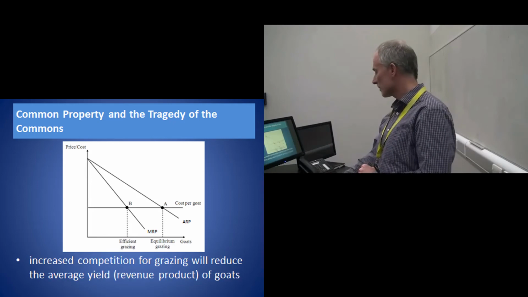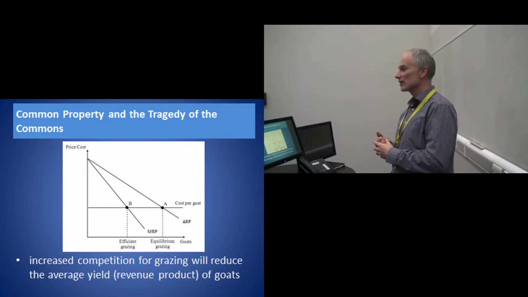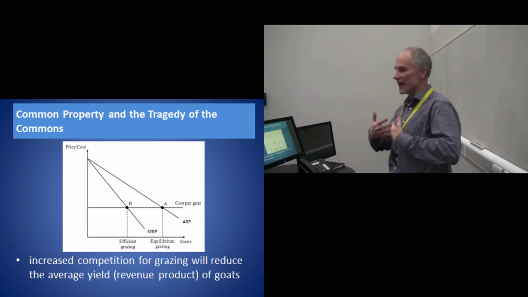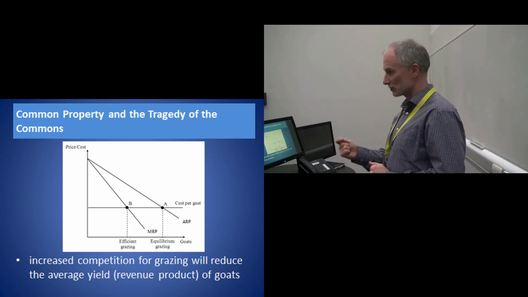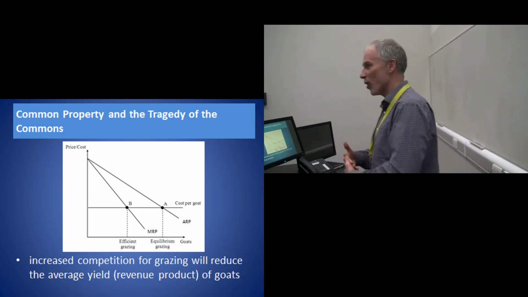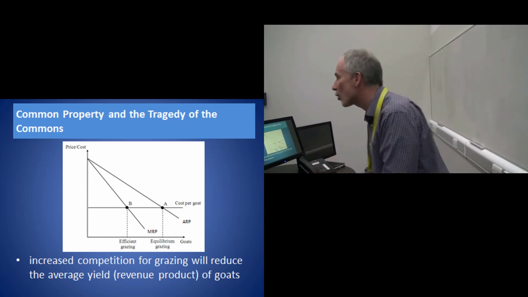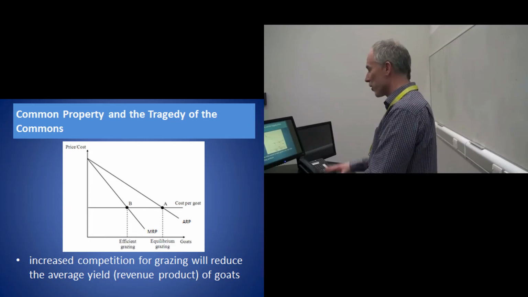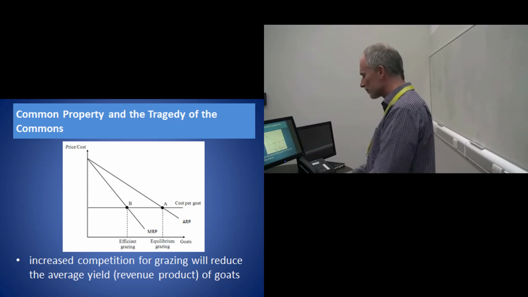And naturally, the more grass the goats consume, the healthier they are, and the more milk they can produce. The villagers want more milk as opposed to less milk. But that's the only reason for the goats being on that common land: to graze and to produce milk.